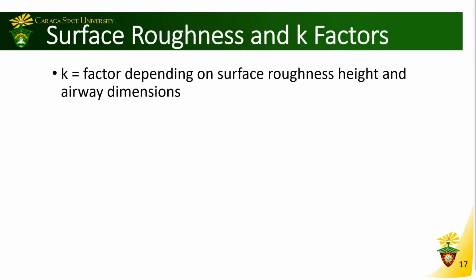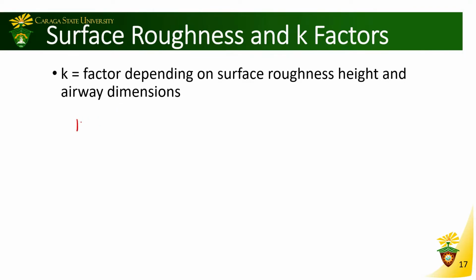Next, we proceed to surface roughness and K factors. K is a factor depending on surface roughness height and airway dimensions, and this can be expressed in terms of the following equation.